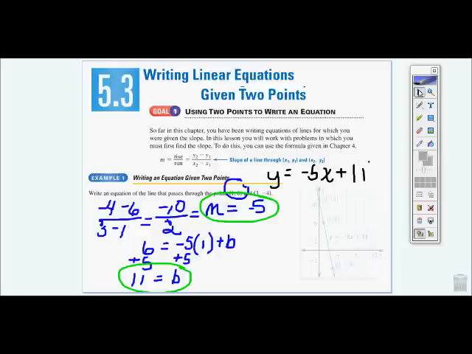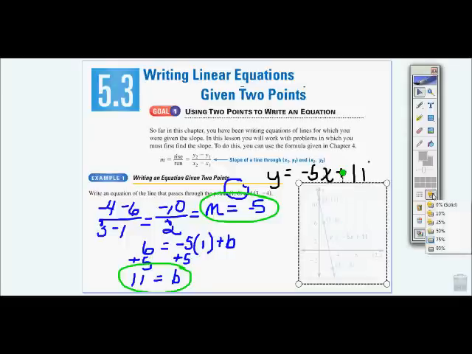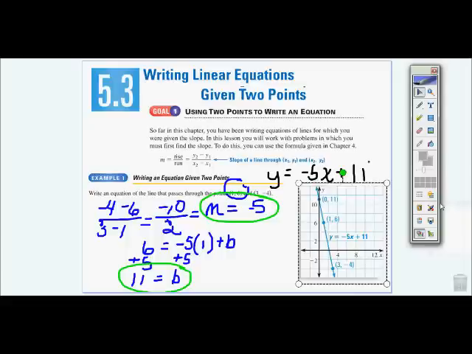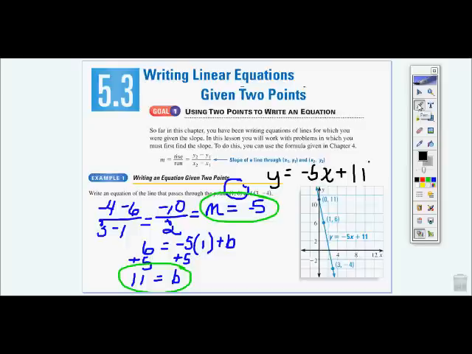So if I reveal my graph, if you were to graph this, you would plot your 0, 11 first for your y-intercept. Then you would apply your slope, -5 over 1, so you would go down.